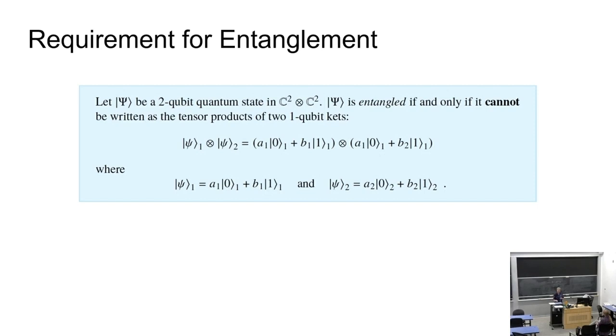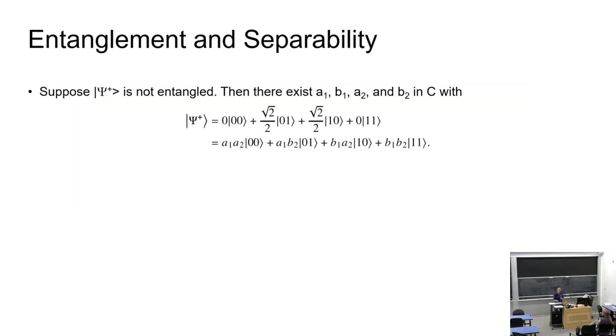And I can think through how this works out for one of my Bell states. So let's suppose that the Bell state that we were looking at before is not entangled. That means there exist some values A1, B1, A2, and B2 with the following expression being true.